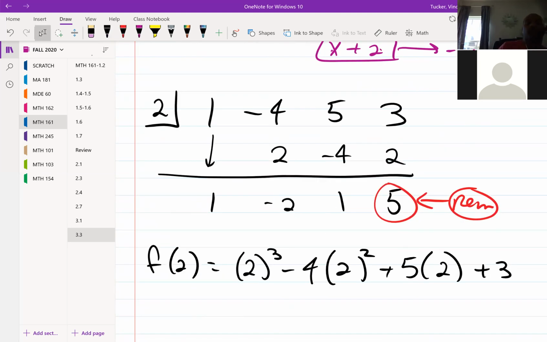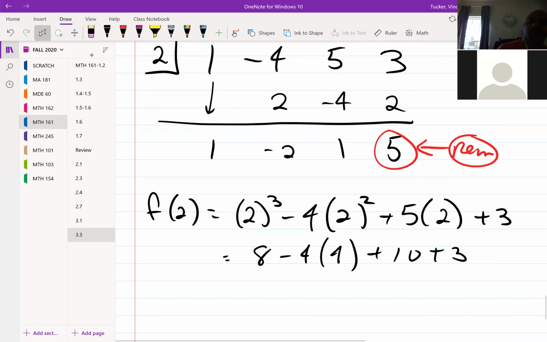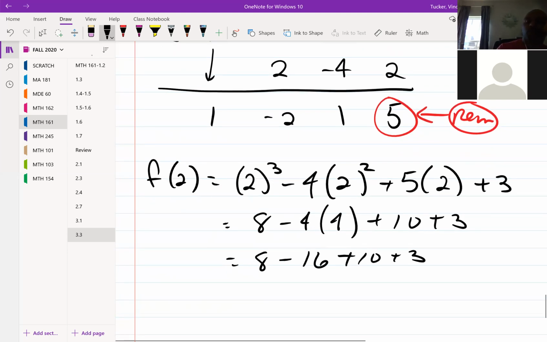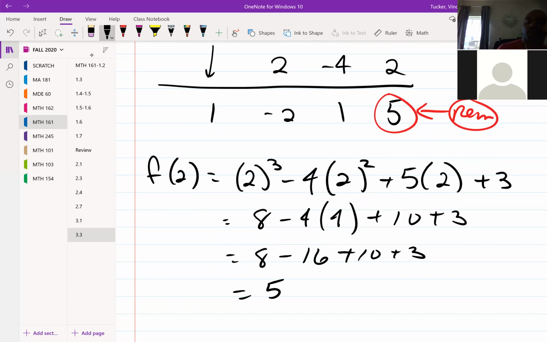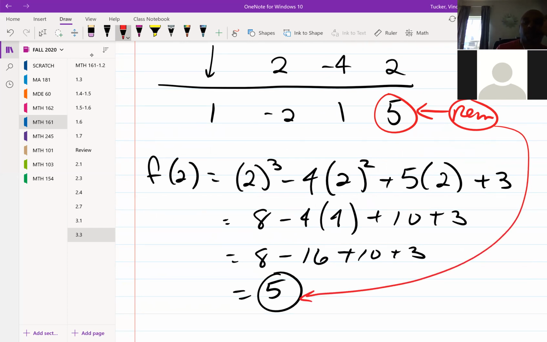So plugging 2 into the function should give me 5. 2 cubed is 8. 2 squared is 4. 5 times 2 is 10 plus 3. So 8 minus 16 plus 10 plus 3. 8 minus 16 is negative 8, excuse me. Plus 10, which is 2. 2 plus 3 is 5. So either way, you're going to get that remainder of 5.